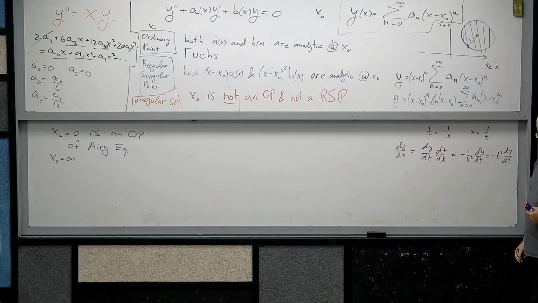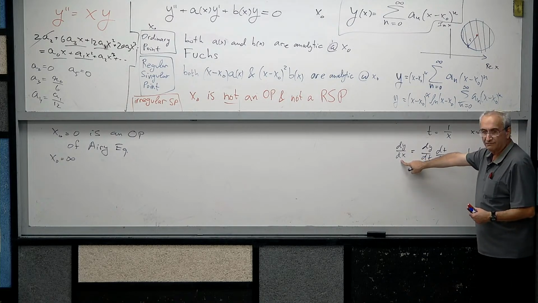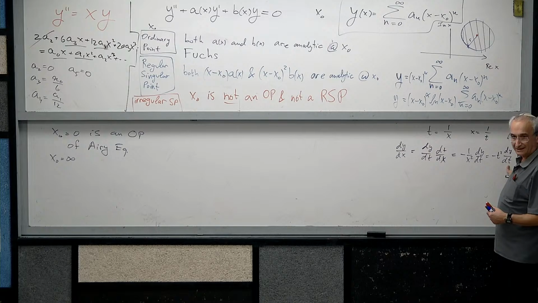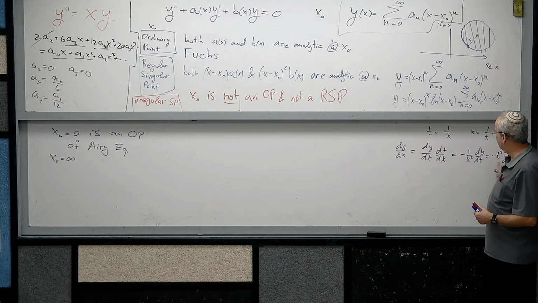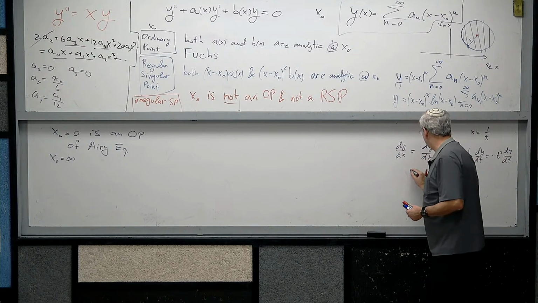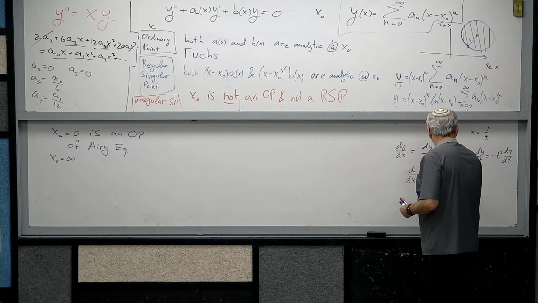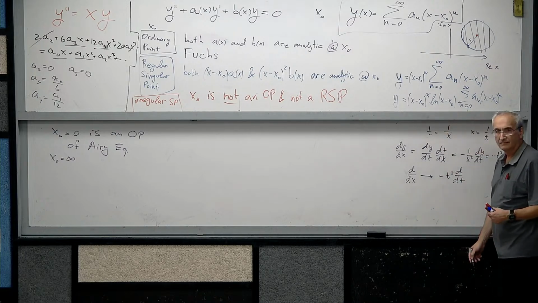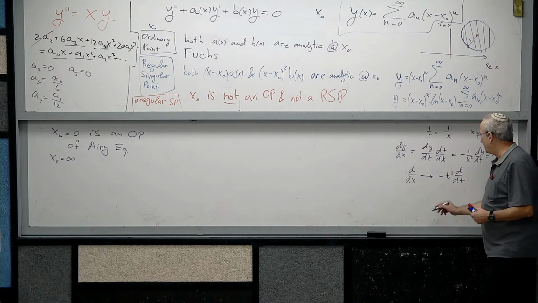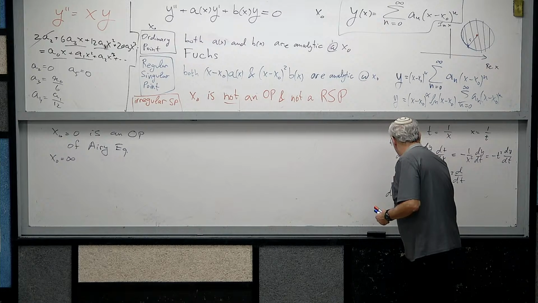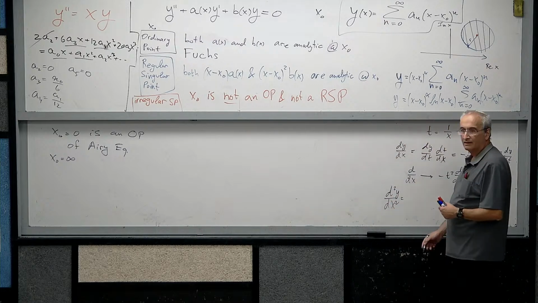You see? Every derivative with respect to x will be replaced, so d/dx will be replaced by minus t squared d/dt. Now, what about d2/dx squared?